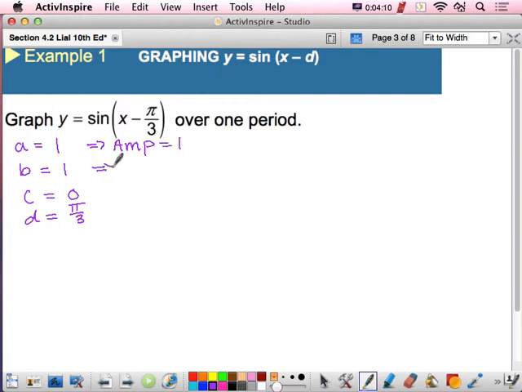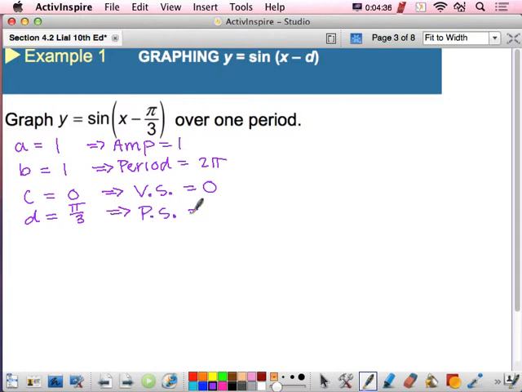Little b helps us find our period, which is how long it takes on the x-axis for the y values to start repeating. The period is 2 pi over b, which is just 2 pi. Little c tells us our vertical shift, which in this case is nothing, so it's not going to move up or down at all. And little d tells us our phase shift, or our horizontal shift.